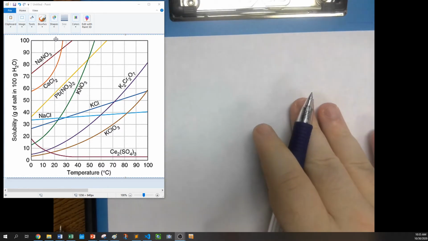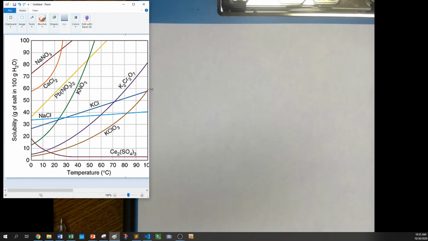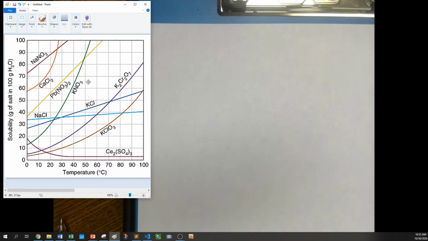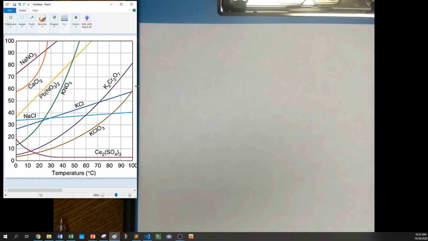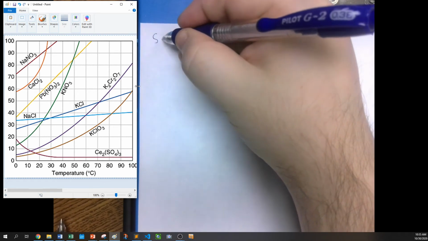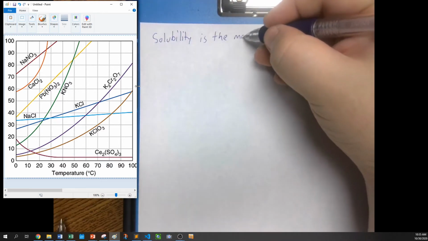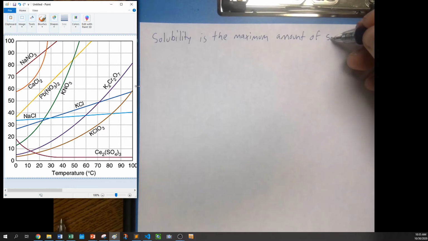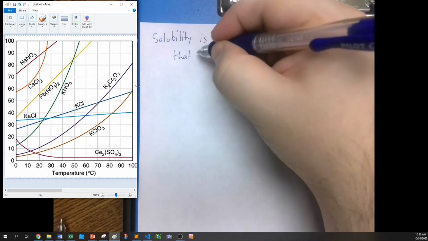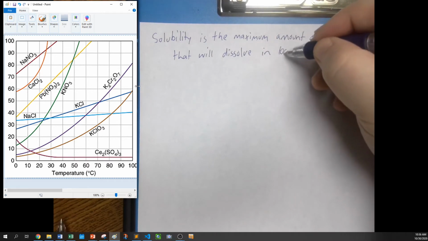So solubility is the maximum amount of solute that will dissolve, and typically we do in 100 grams of water.